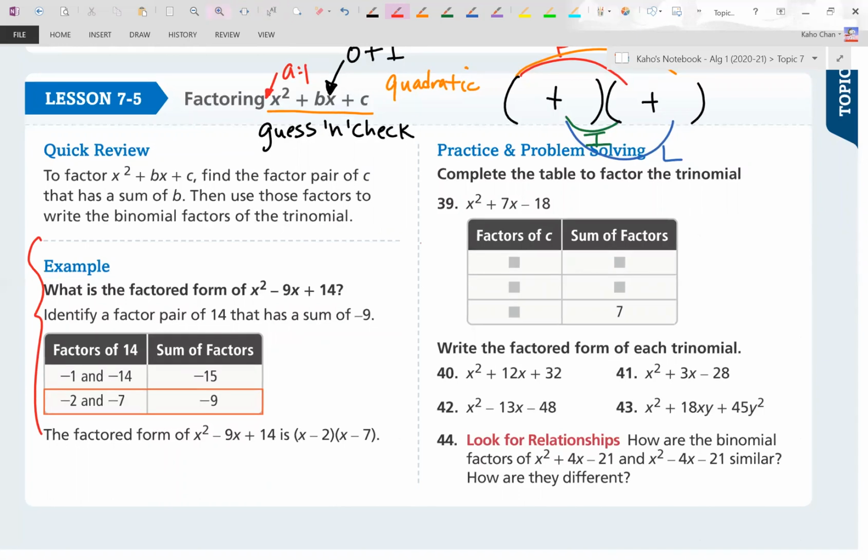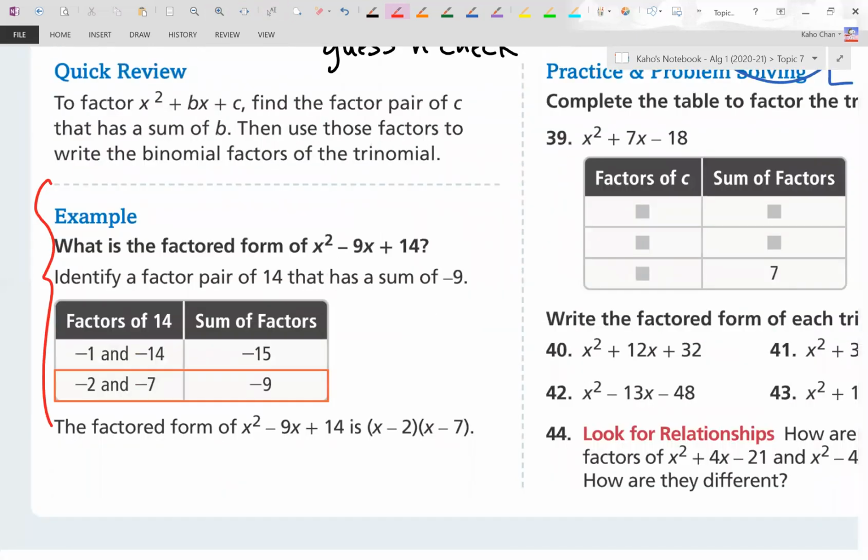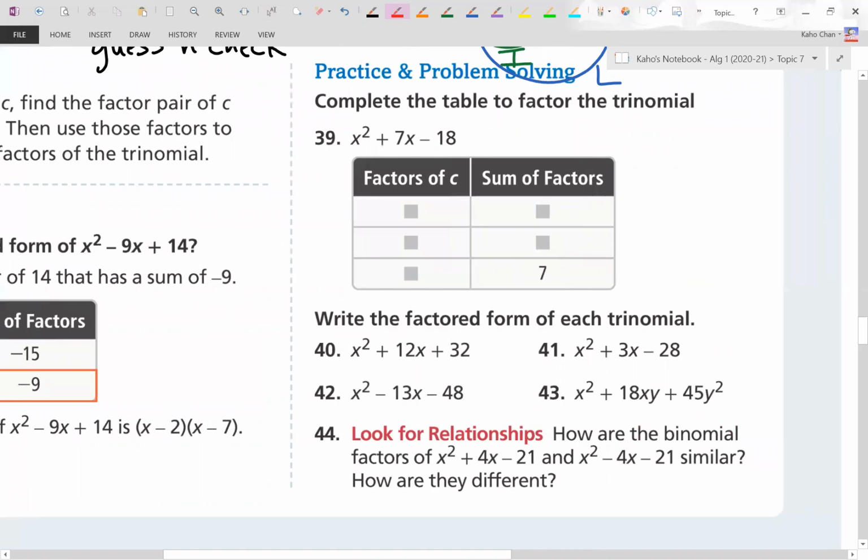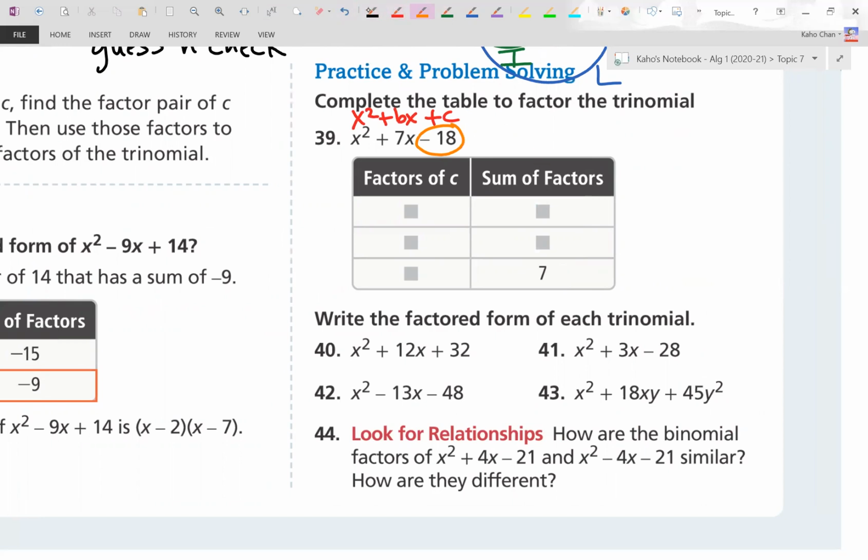39 has negative 18 as my C value. Let's write this up here. X squared plus bx plus c. My C value is very critical. Right here, we need to list all the factors of C and then add the factors together, because that's my inner and outer terms.